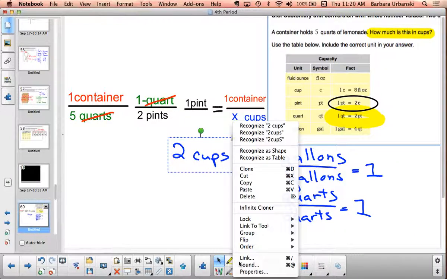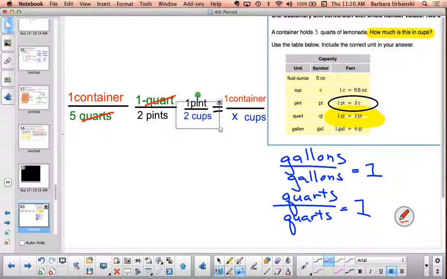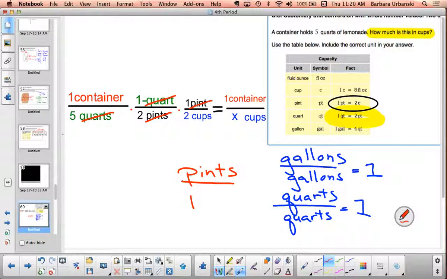And if I go ahead and multiply everything, I can look again and say pints and pints would simplify to 1. So now I've eliminated the quarts and the pints, and then I have to look at what I have left.